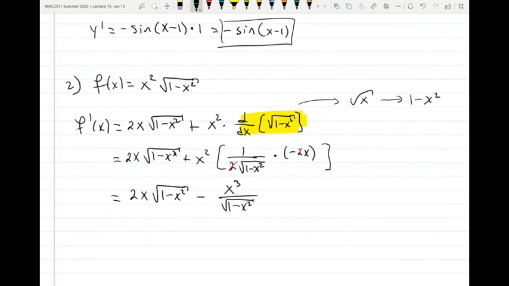You may want to stop there, but I'm going to go ahead and combine. This way, we practice a little bit, and that's nice because it's going to get rid of the radical on top. So here I'm going to multiply top and bottom by the square root, so I have the same denominator. When I multiply top and bottom by the square root, I get 2x times 1 minus x squared.